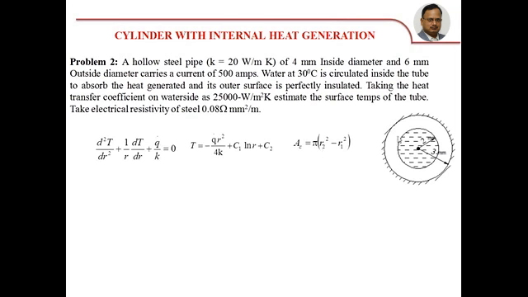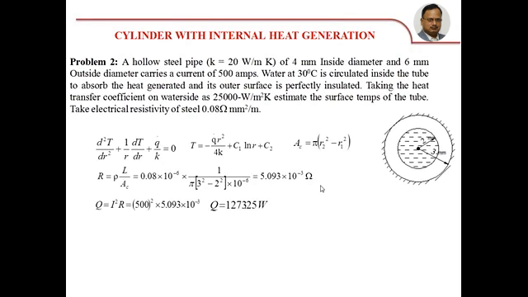Now the cross-sectional area for the current to flow is pi into (R2 square minus R1 square). Resistivity is given, hence the resistance R is equal to rho, 0.08 millimeter square, that is into 10 power minus 6 meter square ohm per meter, into 1 by L, where L is 1 meter, over pi (R naught square minus R square) into 10 power minus 6, which will give you so many ohms.